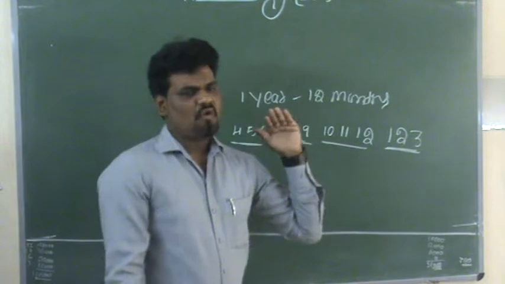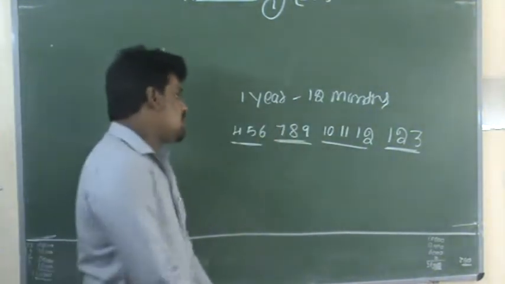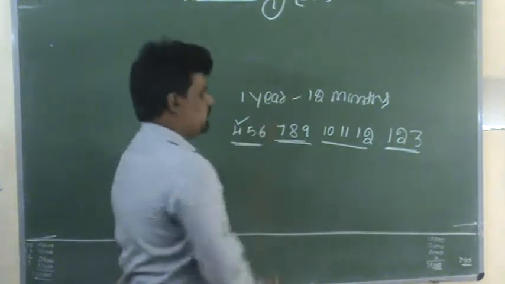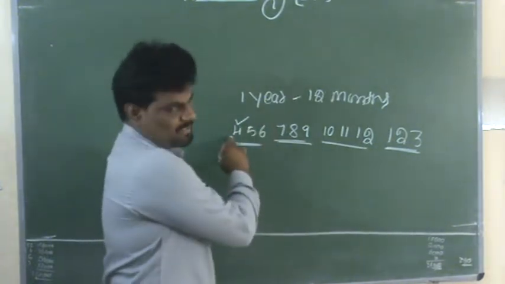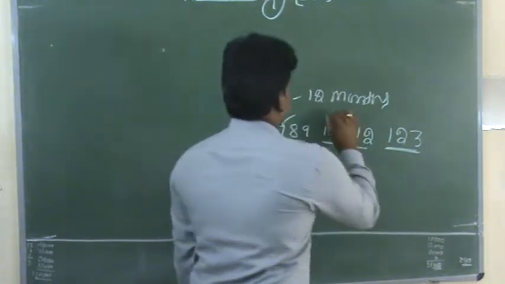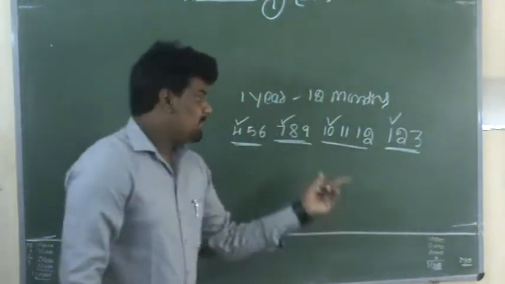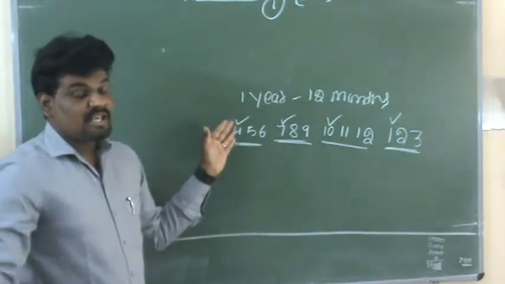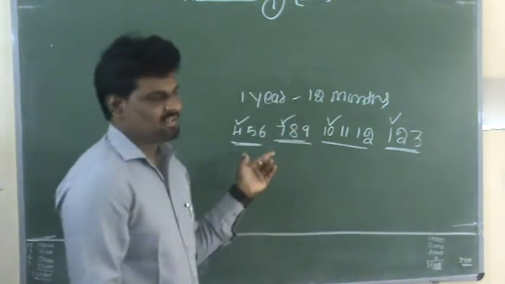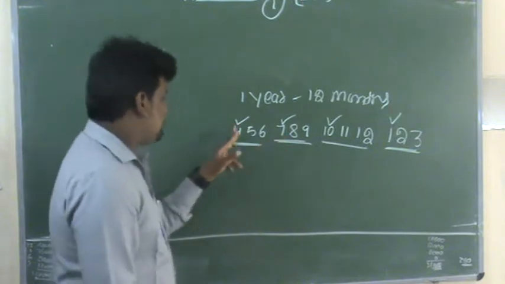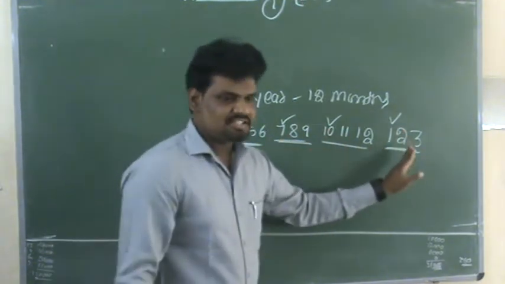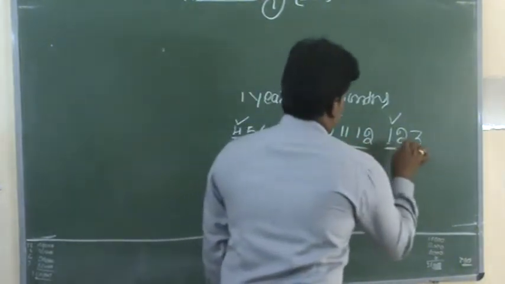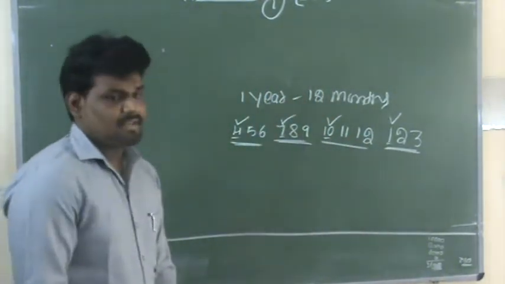In this question we will now discuss on the basis of quarterly. The beginning of each quarter, we can take 4 in the first quarter, this is the April month, and the same with 7, 10, and 1 (January). When the partner withdraws a fixed amount of drawings at the beginning of each quarter, we take 4, 7, 10 and 1.